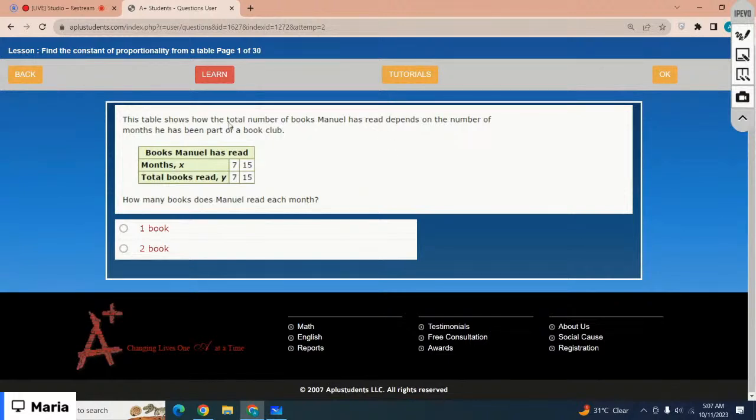You can see here y is the total books read and x is the month. So you have to do 7 over 7 and 15 over 15. So the correct option is 1. That means the books Manuel read each month is just one book. Got it? So the correct option is 1. Each month he read just one book.